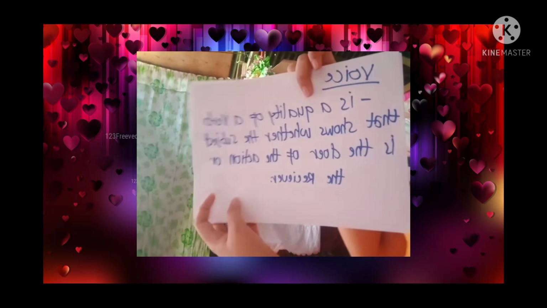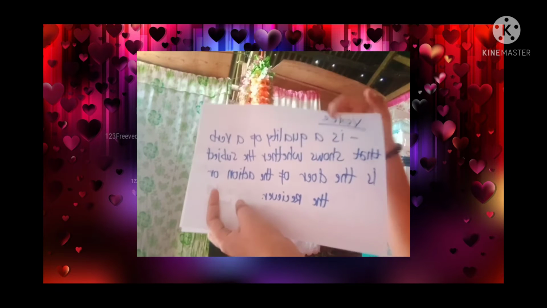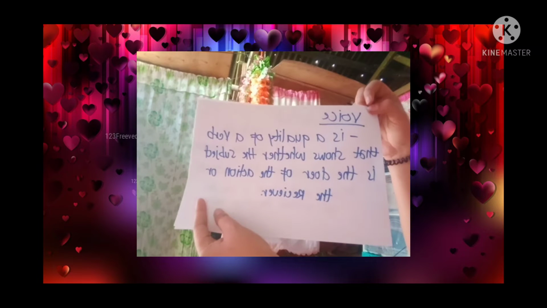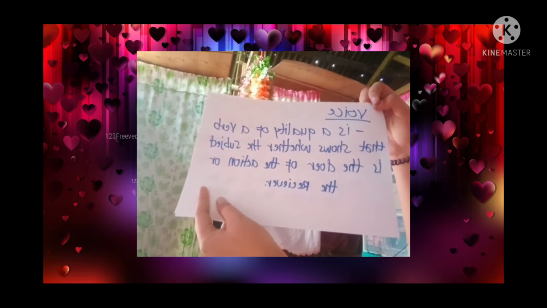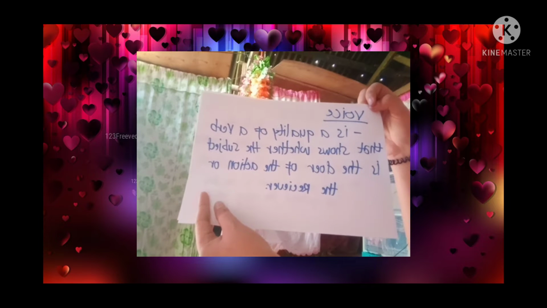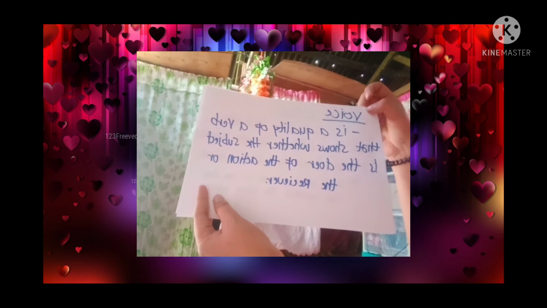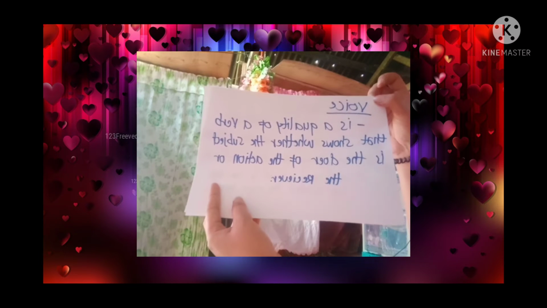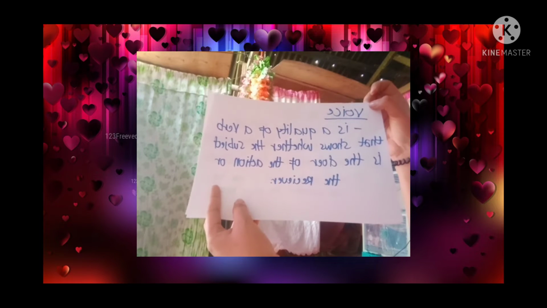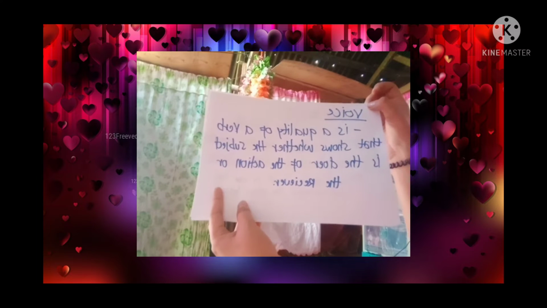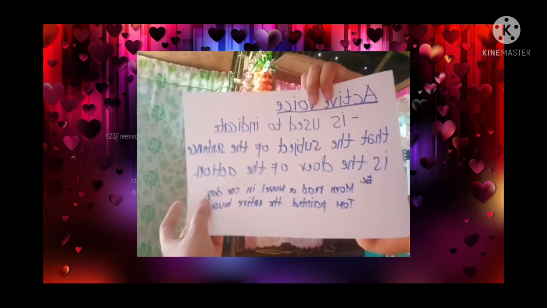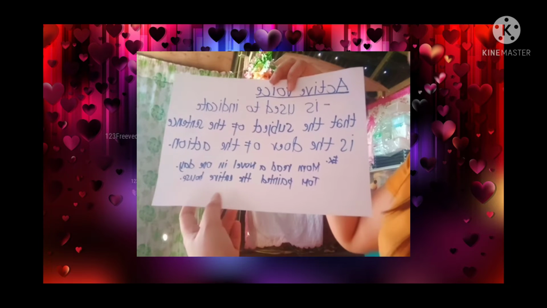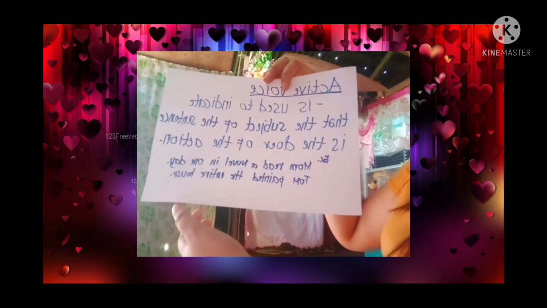I have here some visuals that you can read. Voice is a quality of a verb that shows whether the subject is the doer of the action or the receiver. Active voice is used to indicate that the subject of the sentence is the doer of the action.